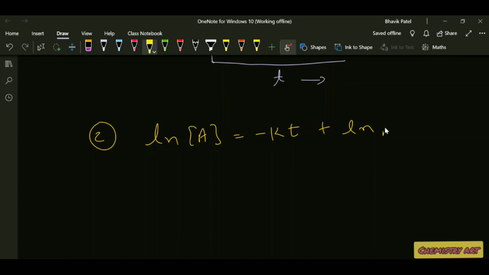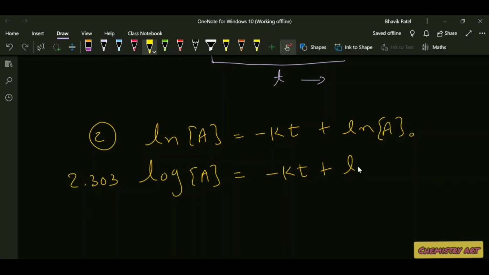When we are converting ln into log, we have to multiply by 2.303, so 2.303 log A is equal to minus kt plus 2.303 log A naught.